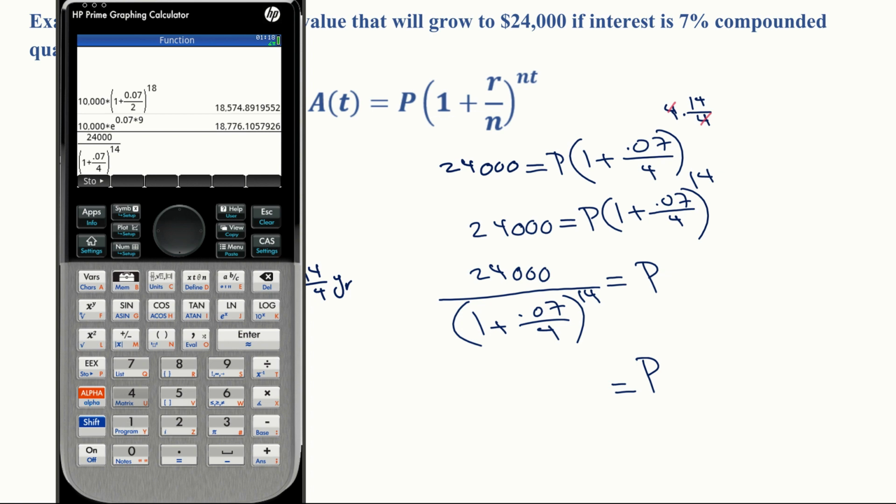So just double check, make sure you've typed everything in correctly. Take a few seconds to do that. Always pays off. Better to take 5 seconds to check than lose 5 points, right?